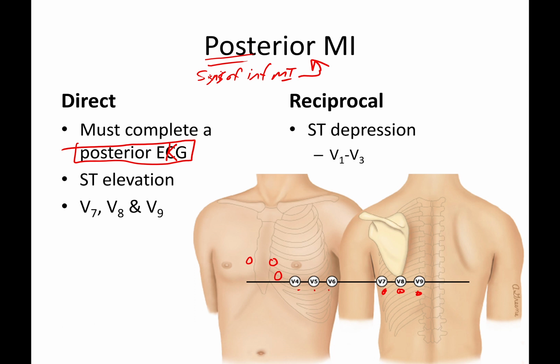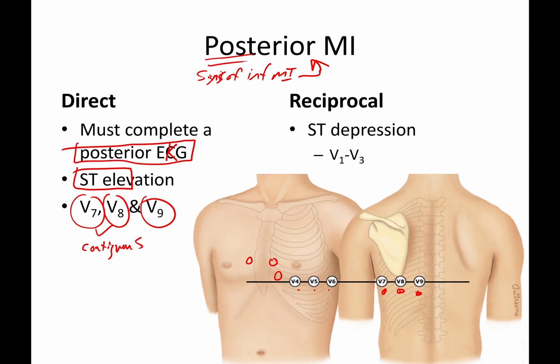And what that allows is us to directly measure the posterior side of the heart. And so if we see ST elevation in any of these 3 leads, and again, has to be contiguous, you've got yourself a posterior MI.